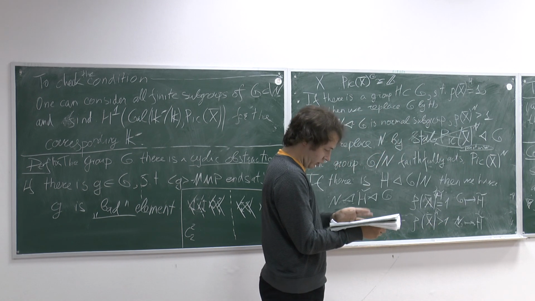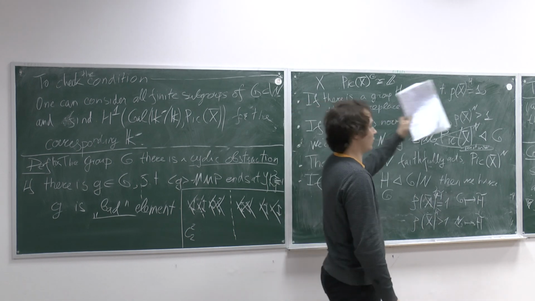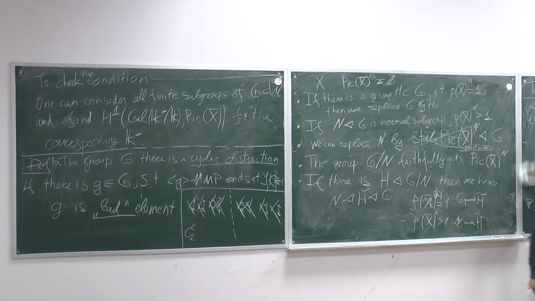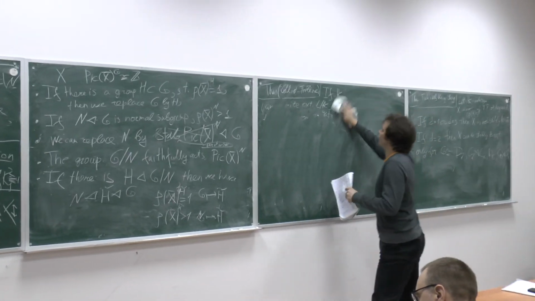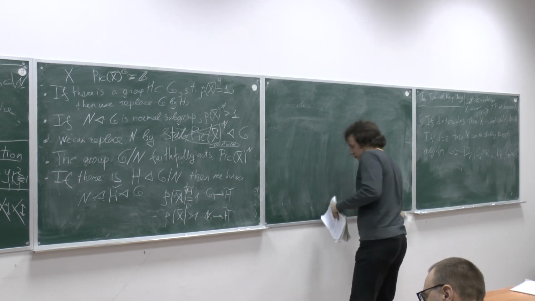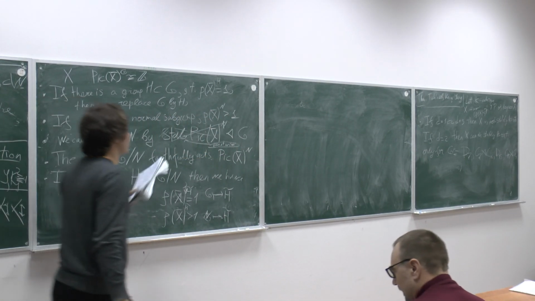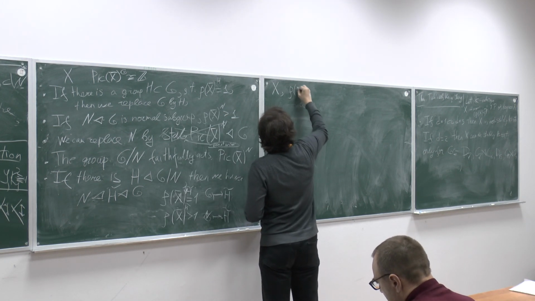So, what is the idea of all this process? Now we have the following setting. X is a surface that is G-minimal.